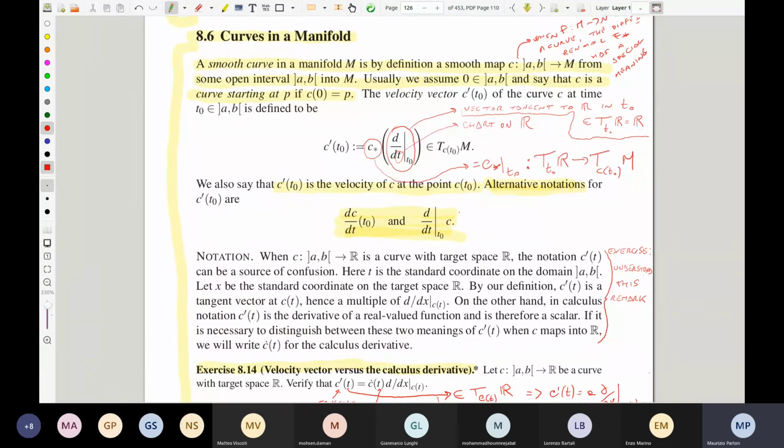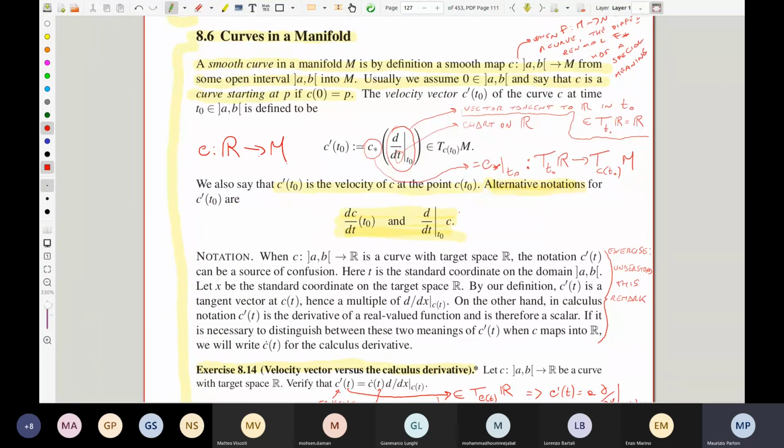Anyway, for these reasons, it is important to be able to think about tangent vectors like curves. Okay, so what does a curve mean? A curve means a special map from R, or from an open set, into a manifold.